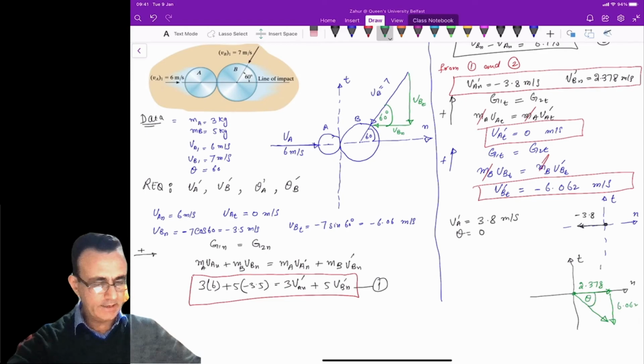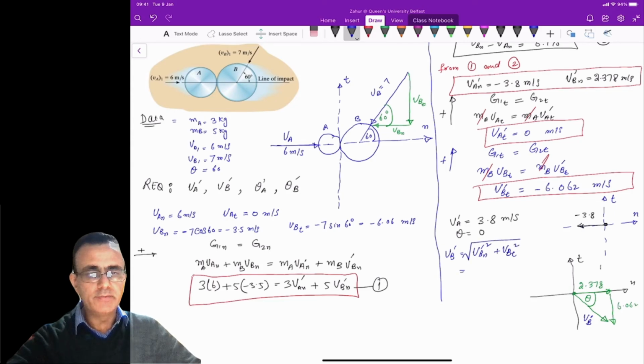So if you want to calculate VB', VB' will be equal to the square root of VBn' squared plus VBt' squared, and this will provide you with 6.51 meters per second.